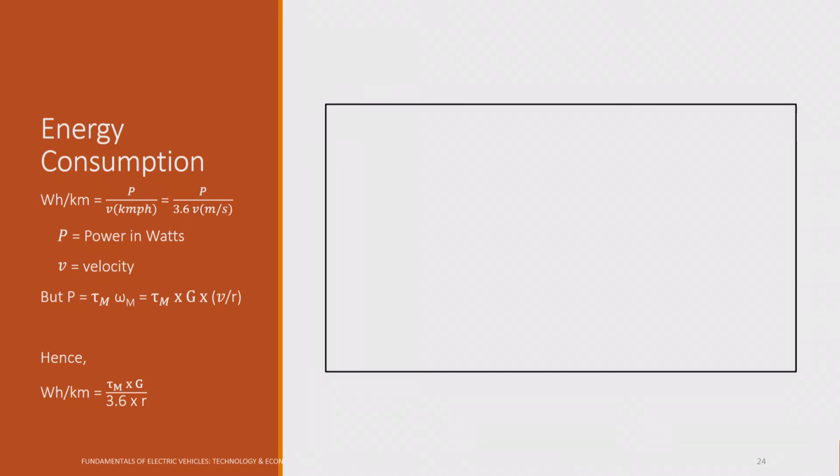You have already gone over it in the earlier lectures and you understand what it is. I will not dwell for too long. All that I will say is that I want you to look at this slightly interesting way of rewriting it. Watt hours per kilometer can also be written as watts per kilometers per hour.